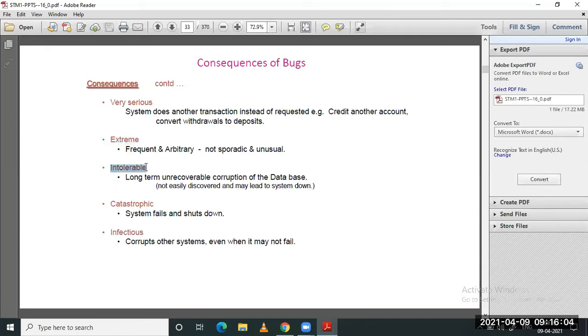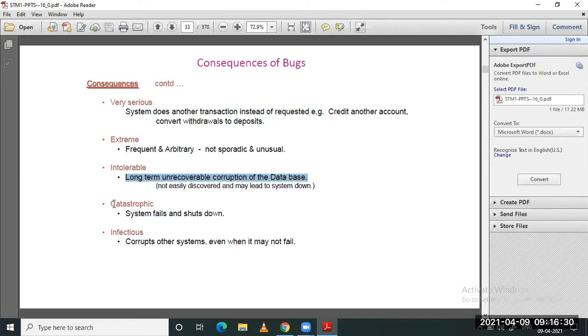Then intolerable: long-term, unrecoverable corruption of the database. Based on the bugs in your software, this leads to unrecoverable corruption of the database. That means the database will be lost and it takes a long time to recover the data.